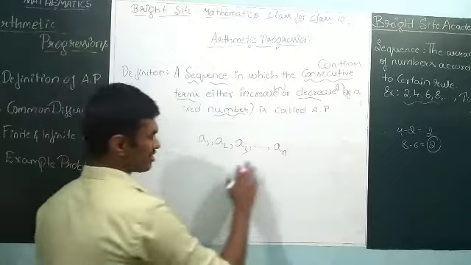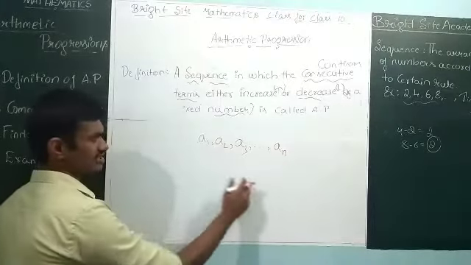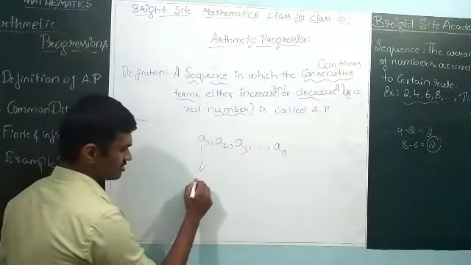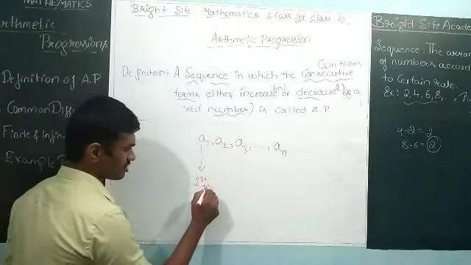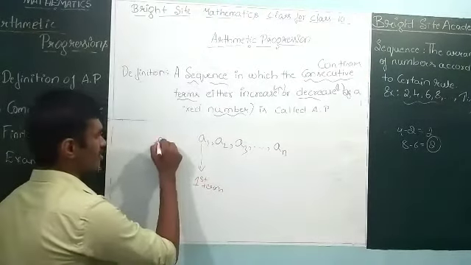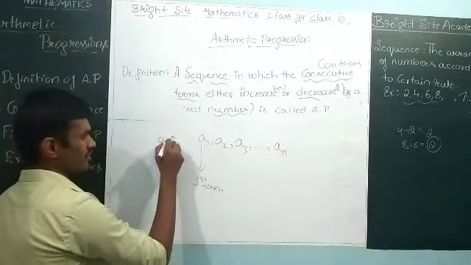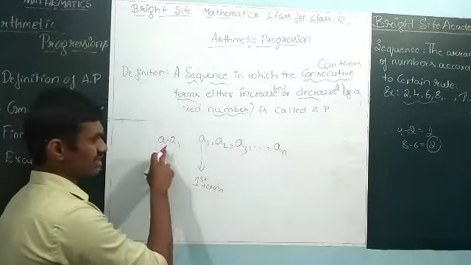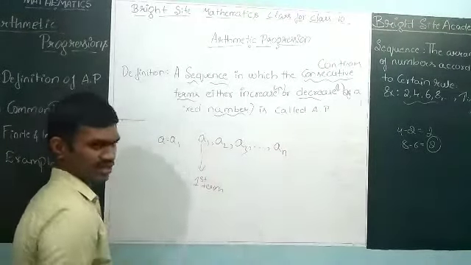We will write the arithmetic progression like this. Here A1 is the first term of the arithmetic progression. A is equal to A1. At one time we will denote it as A, and another time we will call it A1.